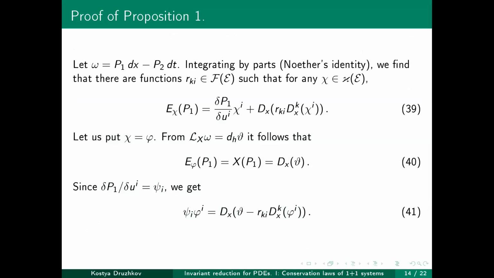Let's consider the proof of the proposition. The proof is extremely simple. It's based on Noether's identity, which is just an integration by parts. Let omega be a representative of the form p1 dx minus p2 dt. Integrating by parts, we find that there are functions r_k^i such that for any characteristic P, we have formula 39.